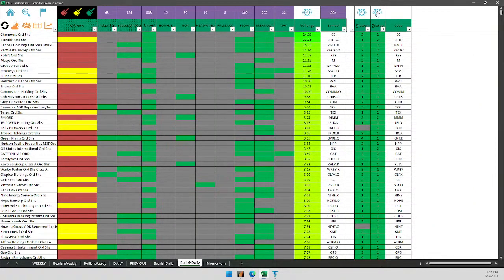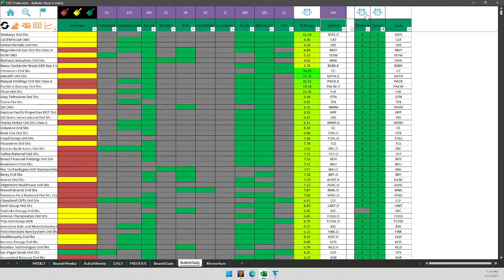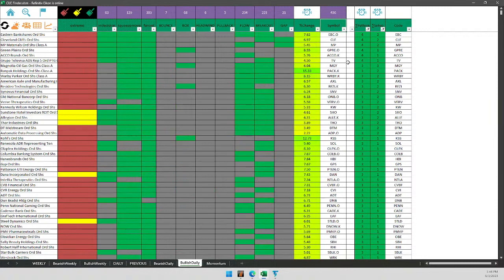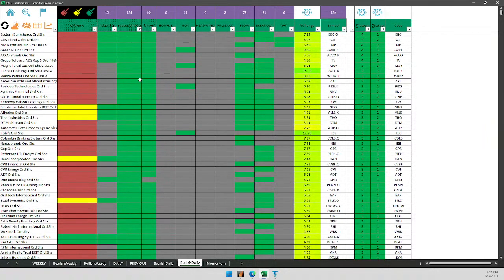I'm going to look at all the stocks that have at least one or more bullish setup, at least one or more bullish pattern, and I see I have a lot of squeeze moves, 129. Why don't I flag only for that? Flag for them.